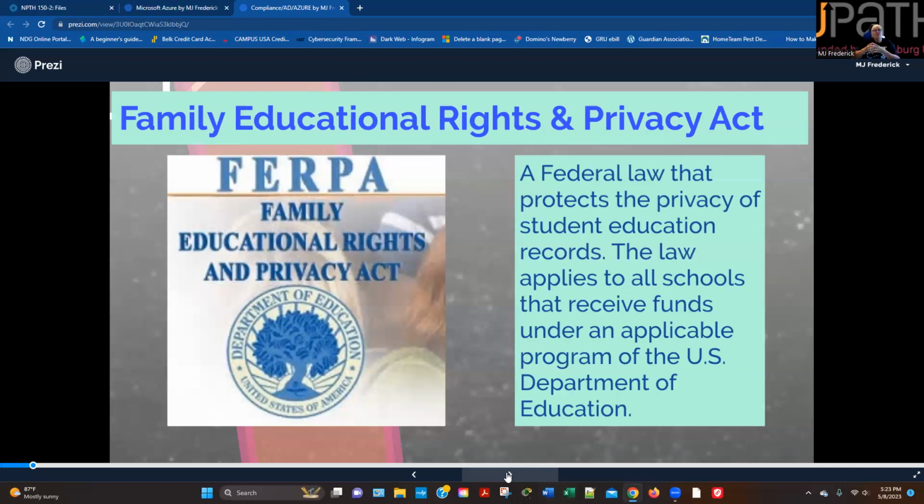Now, anybody underage is still considered a child, and the parent still has the right over the child, so they could ask for that information. Just depends. But we can't randomly share anybody's information, no matter who it is. Under 18, over 18, it doesn't matter, unless they give permission to say everybody can have access to my files. And that doesn't usually happen.